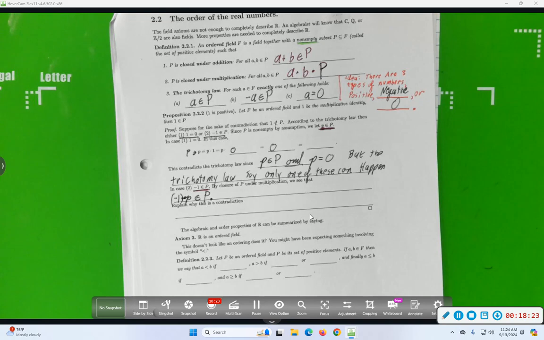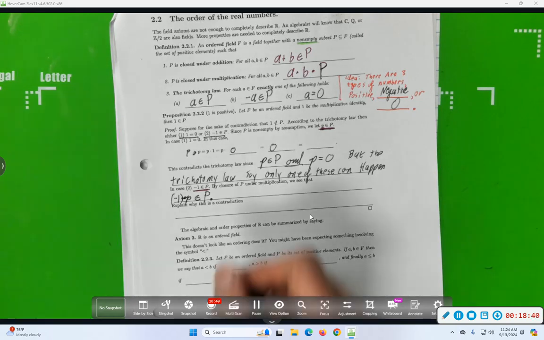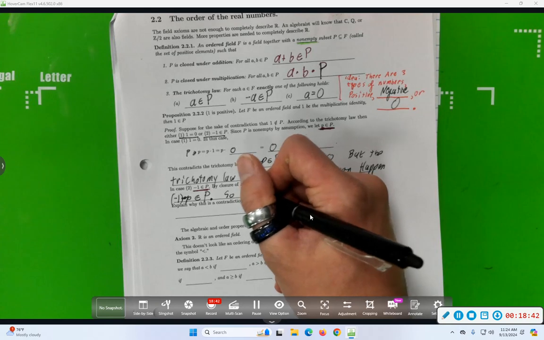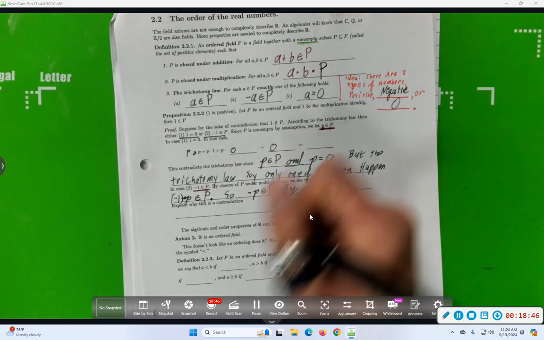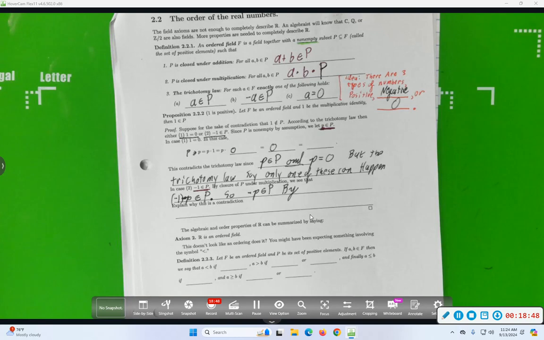Let's mess around with this and see what we can do. What do we know about negative 1 times p? Can we say it's equal to negative p? So negative p is in P, and let's see if we can find a citation for that. Hopefully something we've already proven, or at least already stated.